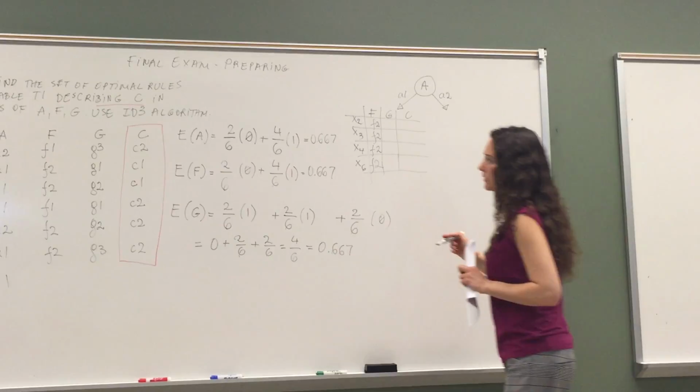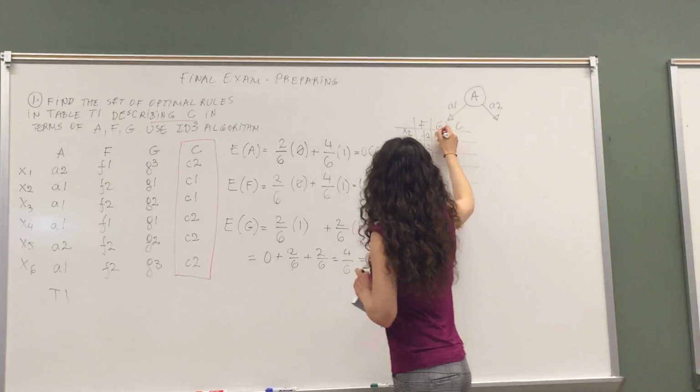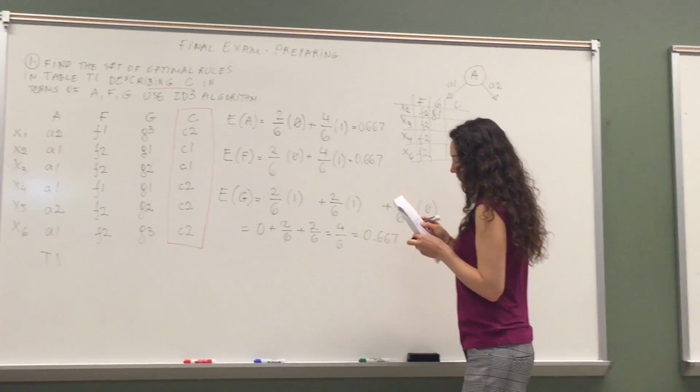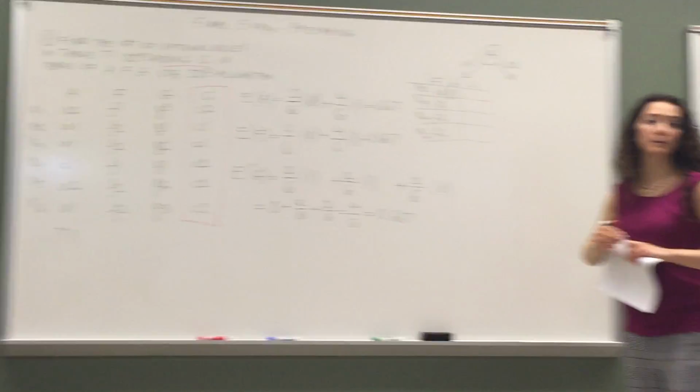G, for X2, G is G1. That X4 should be F1, right? X4 should be F1. That one under F, X4 should be F1, right? Yeah, X4 is F1. Yes, thank you.